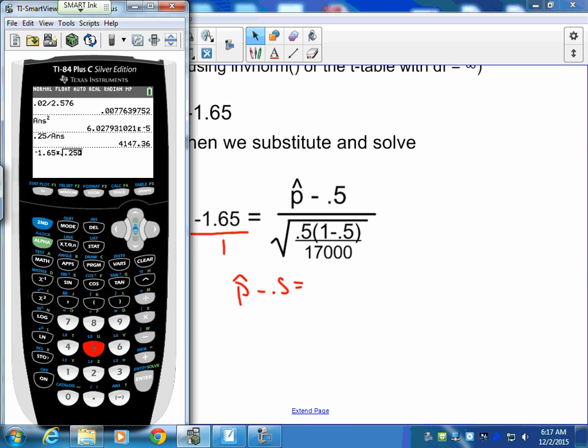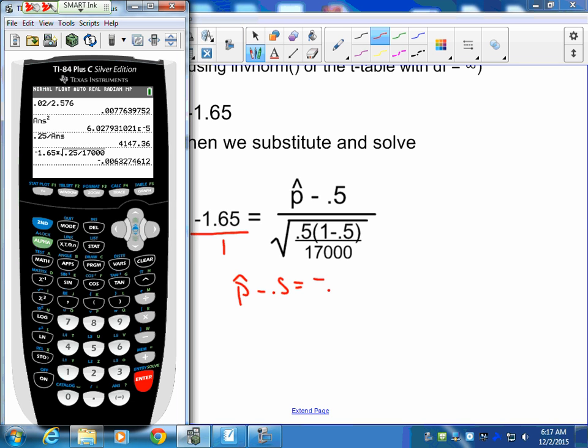I'm just going to do that multiplication in my head for those top values to make the entry a little bit cleaner overall. Okay, and then we get an answer of negative 0.0063. And then to finish up, we add 0.5 to both sides.